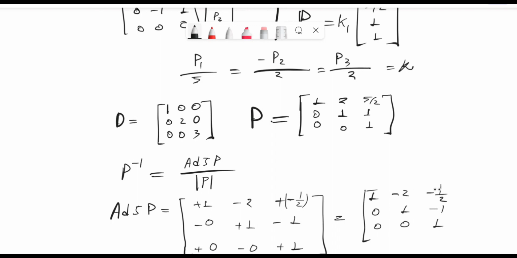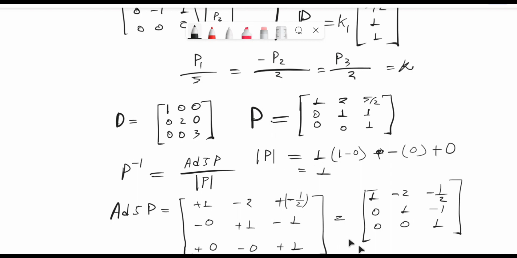So this is the adjoint of P, and if we find the determinant of P, we simply have 1 into 1 minus 0, plus the remaining ones, which are 0. So the determinant is 1.